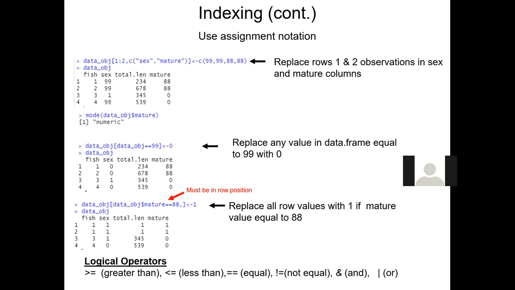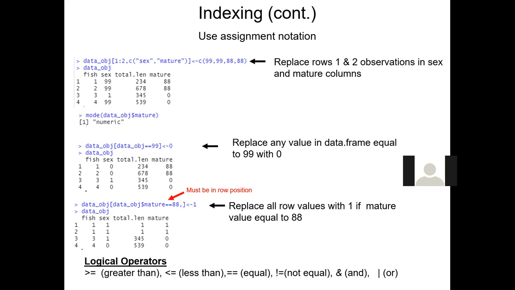So more examples. As I said, you can use names to specify which columns, and you can put multiple names within the column position. So up above, I'm going to replace elements in rows 1 and 2 under columns sex and mature.